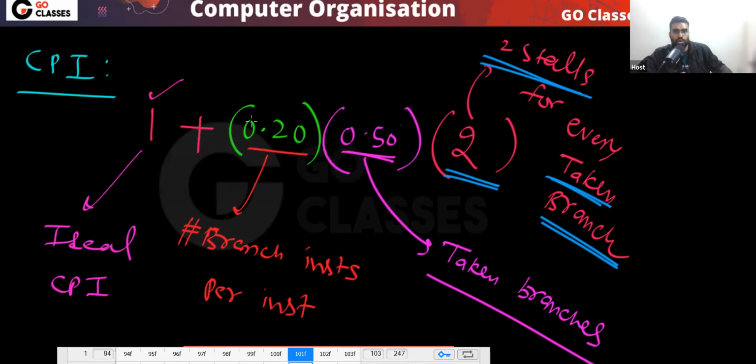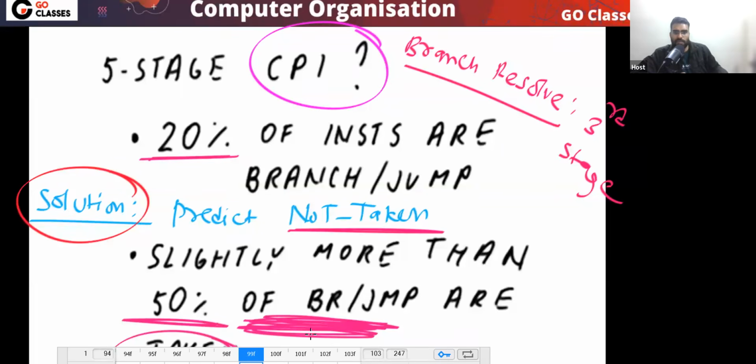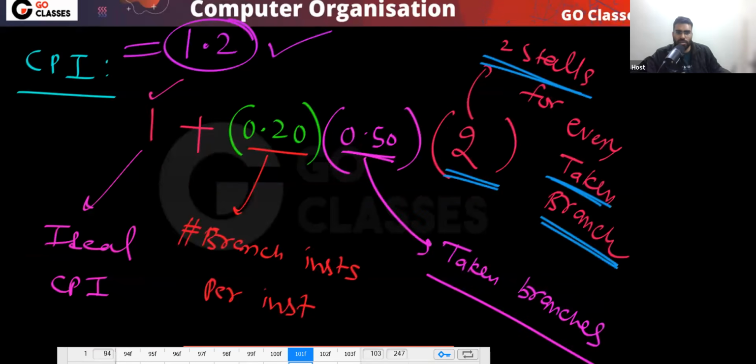Then you will have 2 stalls for every taken branch. So your answer is 1.2. For this question, the answer will be 1.2. Understood? Let me know. Ankit, Alap, KS, understood? Is this clear?